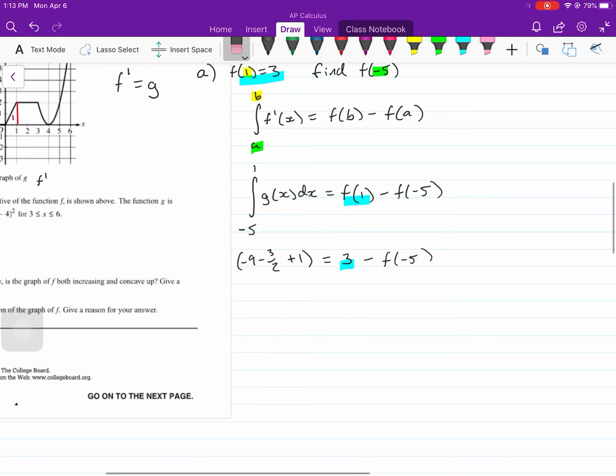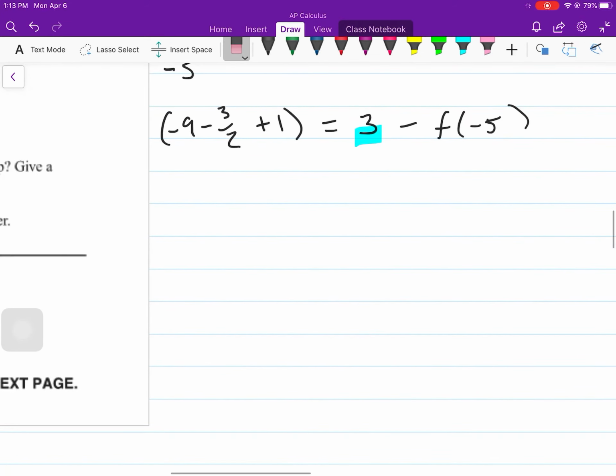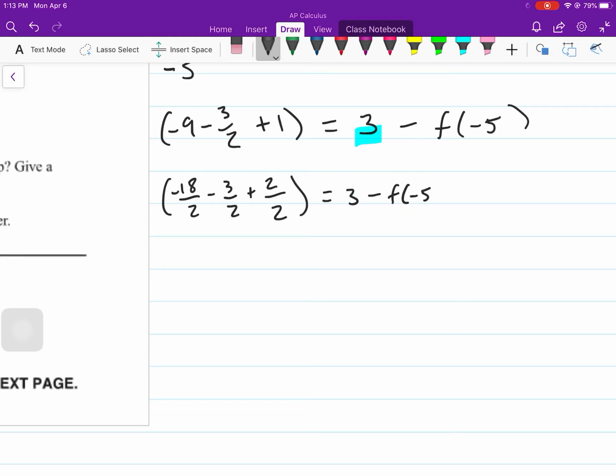And then we're going to solve for f of -5, and that's going to answer that question. Let me think real quick. -9, I need to get a common denominator, so that's -18/2 minus 3/2 plus 2/2 equals 3 minus f of -5.